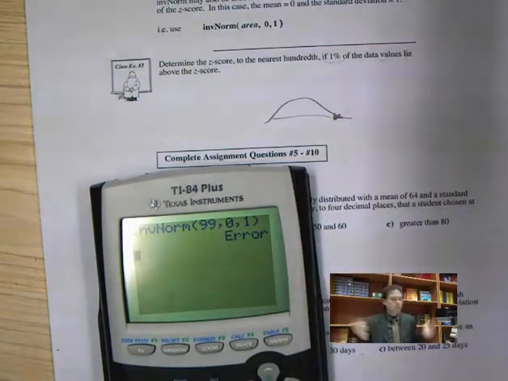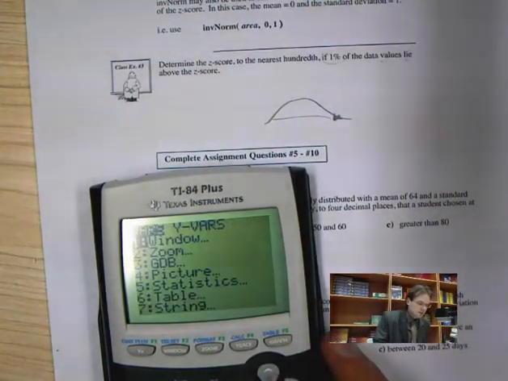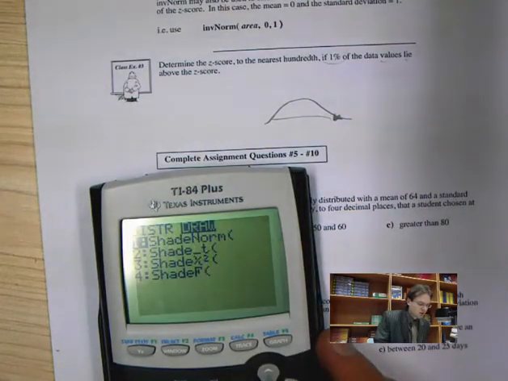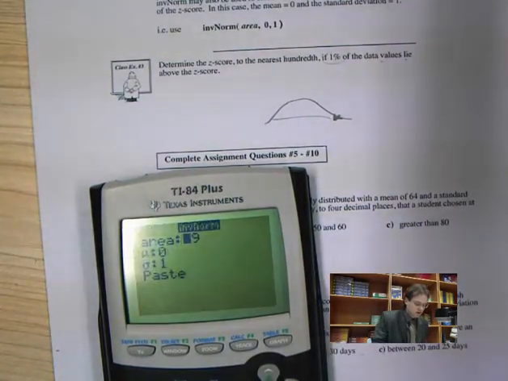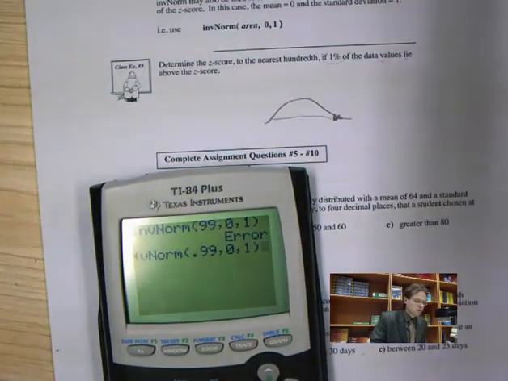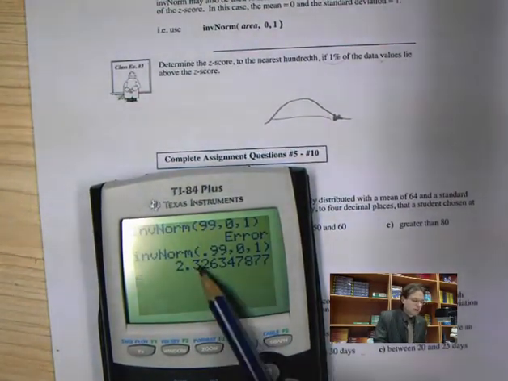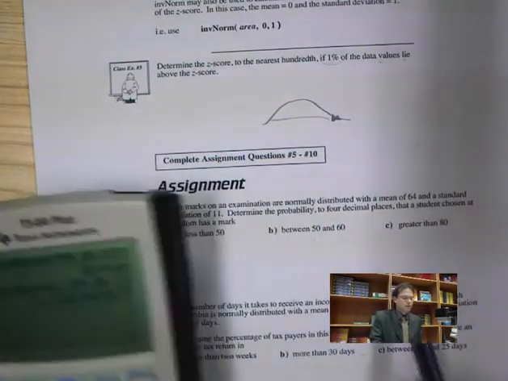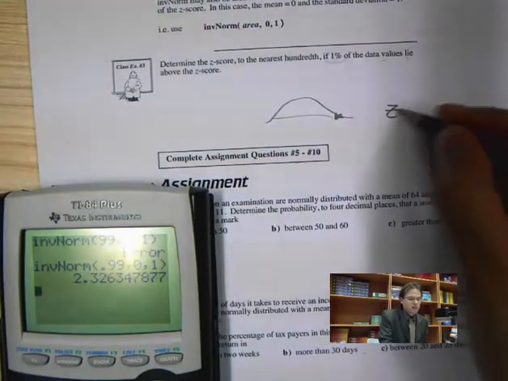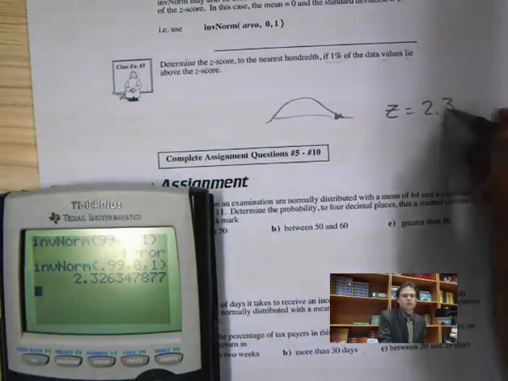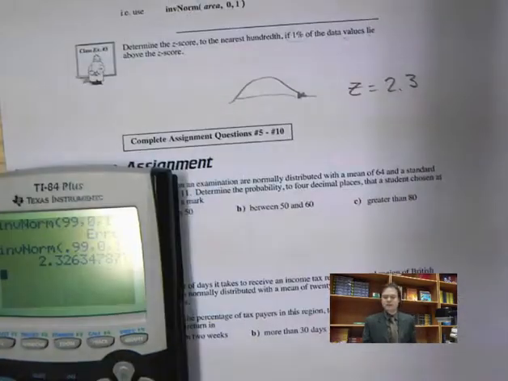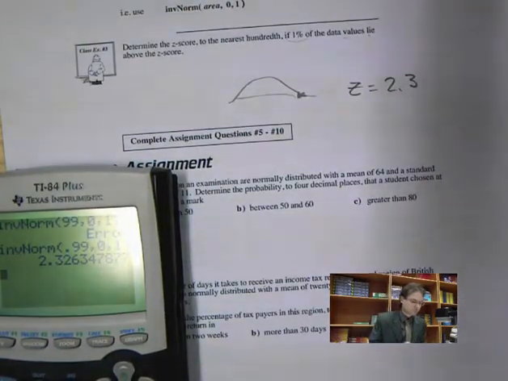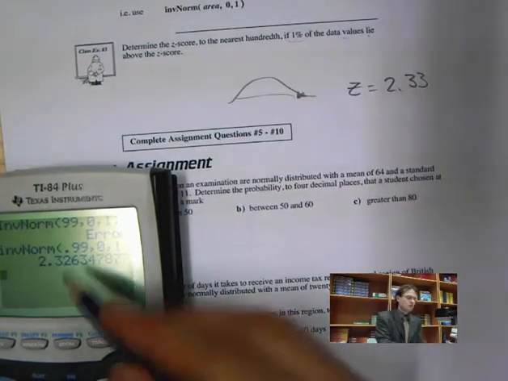Well, it's probability, so that's 0.99. Whoopsie. So we have to go back over, and it's 0.99, and 0, and 1, push enter, I'm going to end up getting 2.3. So my z-score is equal to 2.3. So we are 2.3 standard deviations away. Okay? Oh, nearest hundredth, 2.33, so we round up.